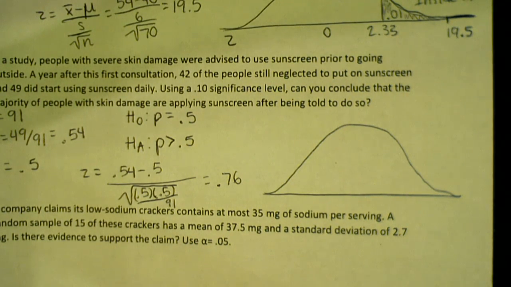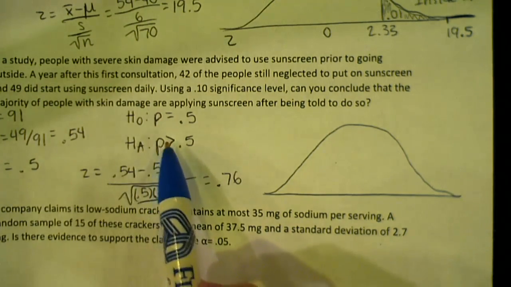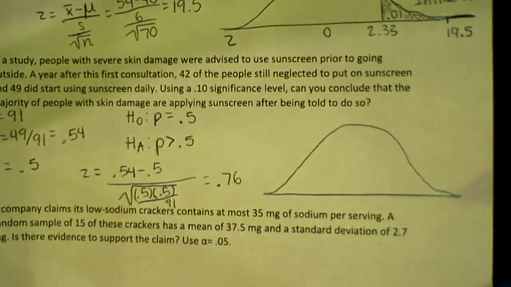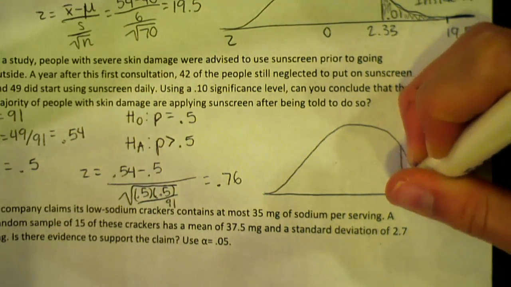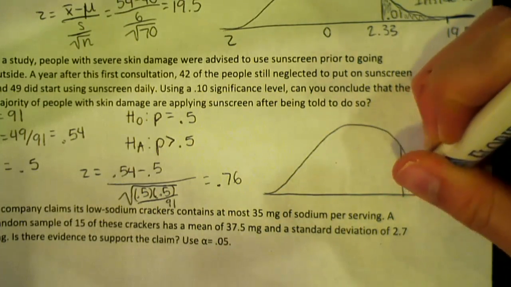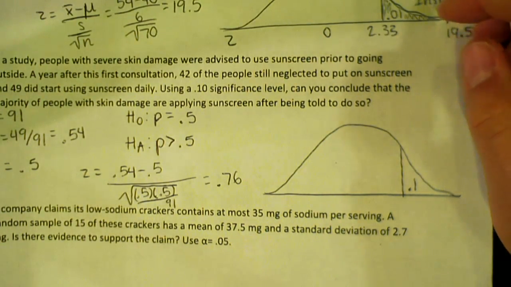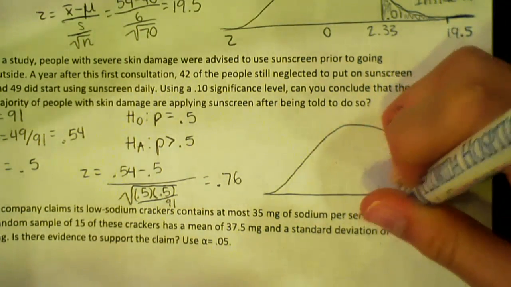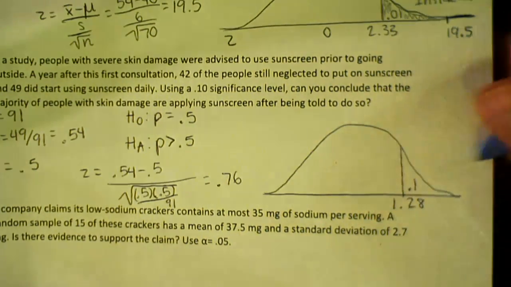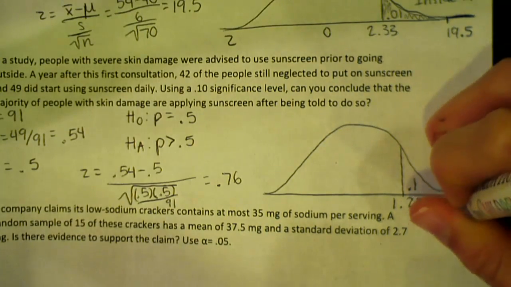What is that an indicator of? Yes, that's alpha. And then you said it's upper tail, because it's greater than. Did someone say 1.28? Yeah. Okay. Yeah, that's the z-score that corresponds with that alpha. Good job.